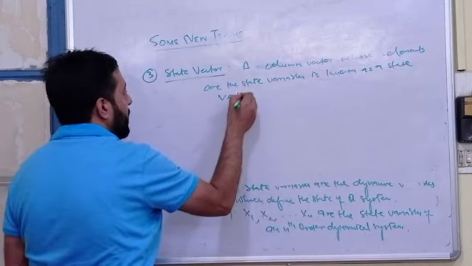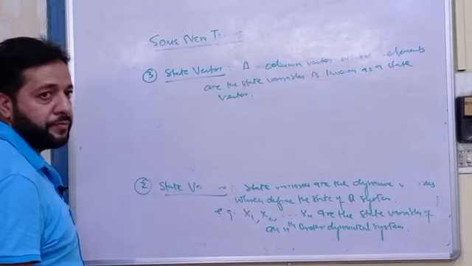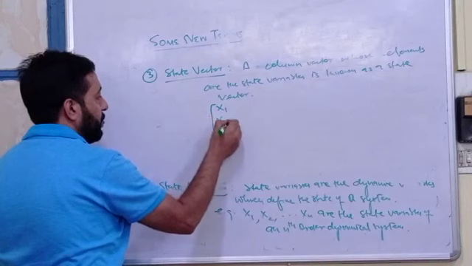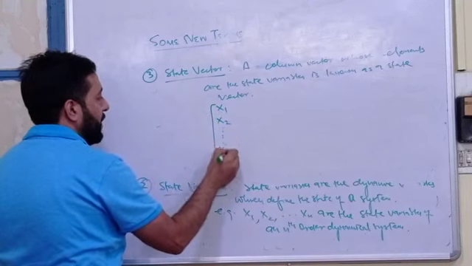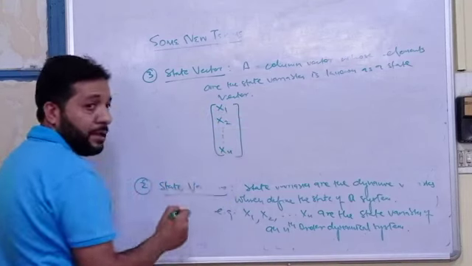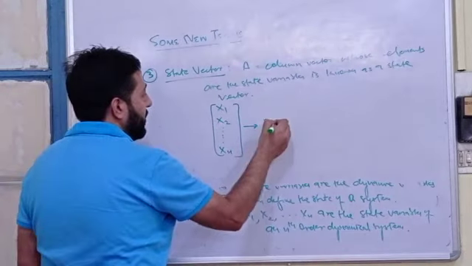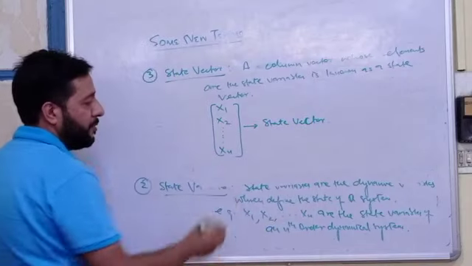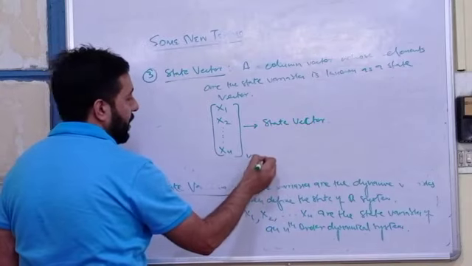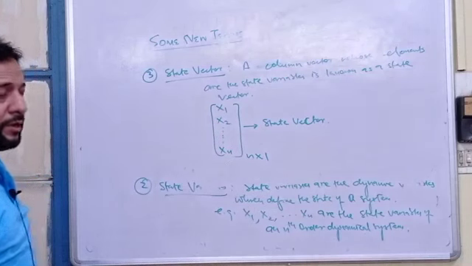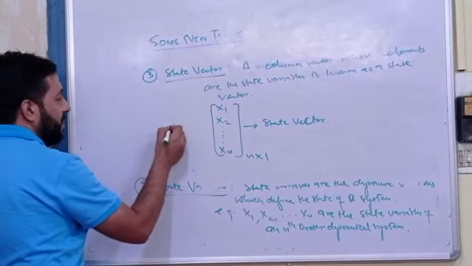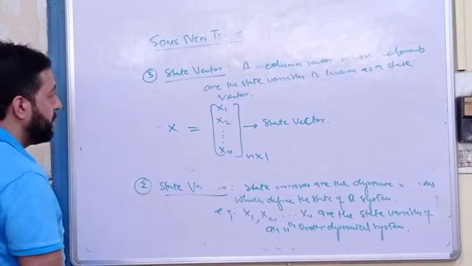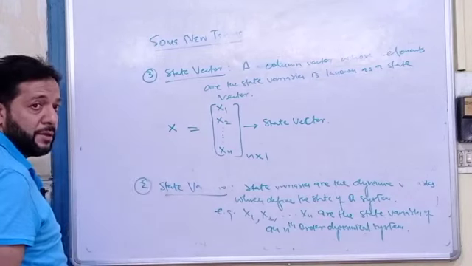Getting me? So written like this. So you've got x1, x2, so on up to xn. है ना? This is the state vector. What is the dimension of this vector? n cross 1. Column vector है ना, उसको रिप्रेजेंट किया जाता है x से. Okay? This is the state vector.